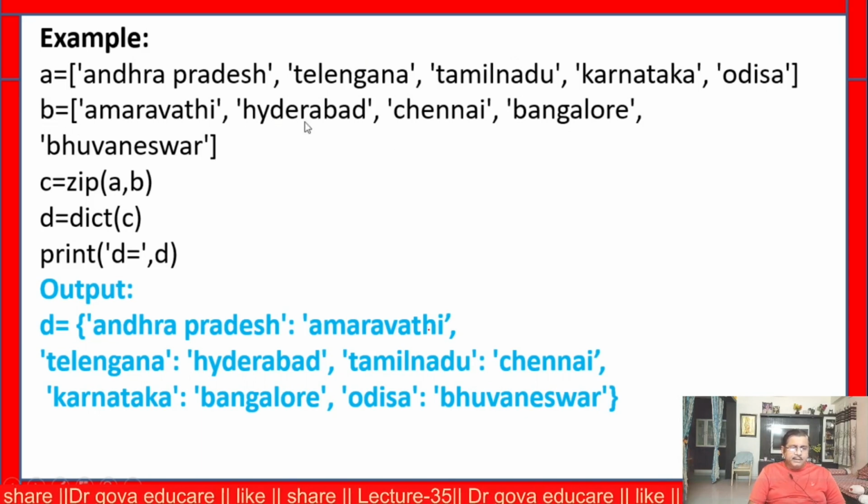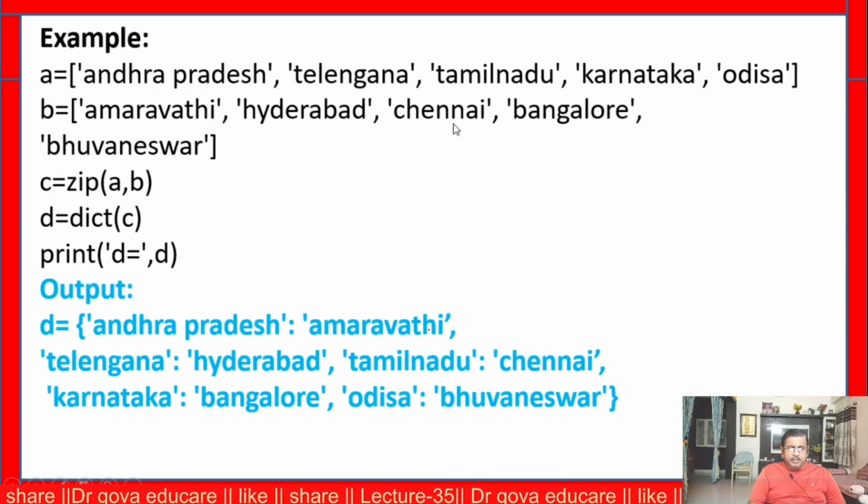Now B is another list which contains the state capitals: Andhra Pradesh capital Amaravati, Telangana capital Hyderabad, Tamil Nadu capital Chennai, Karnataka capital Bangalore, Odisha capital Bhubaneswar. Now I want to convert this into a dictionary. Andhra Pradesh is a key, the corresponding capital is a value.